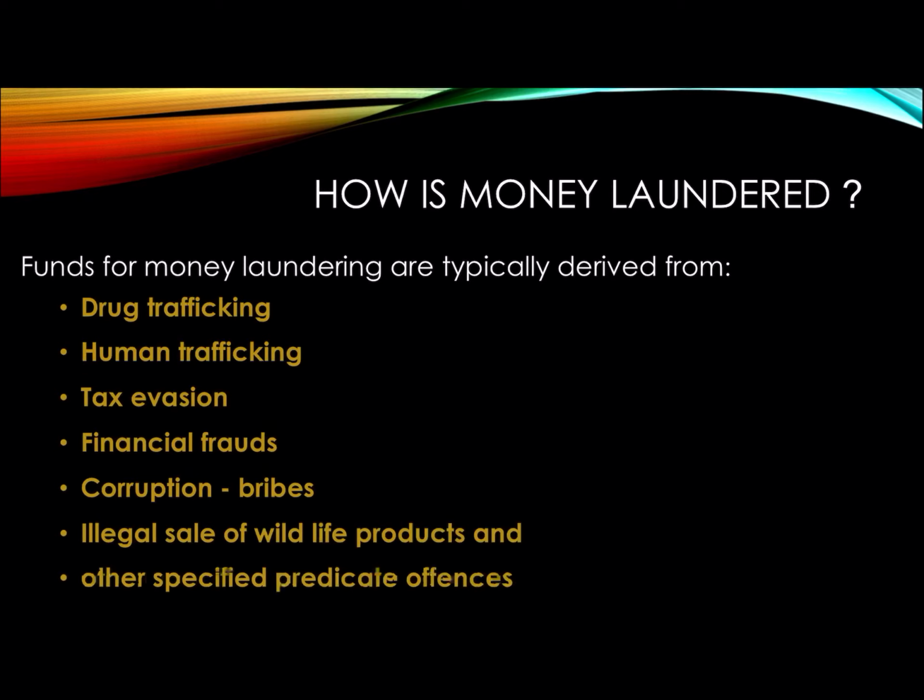The term has its origin in the 1930s, and at that time money laundering was associated with a few crimes like drug trafficking and human trafficking. But over a period of time, trends, technology and methods of money laundering have changed, and currently this is just an indicative list of methods of money laundering.